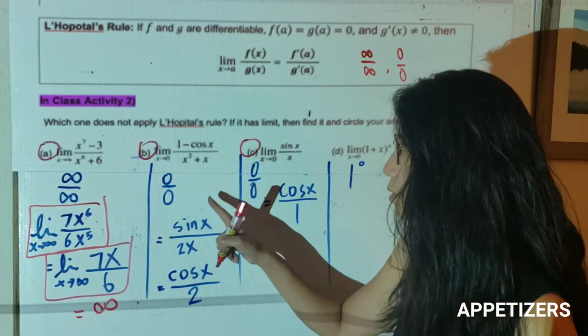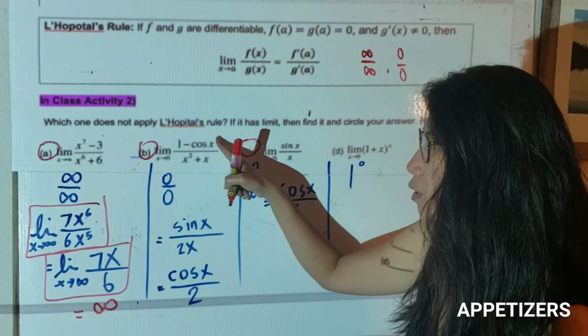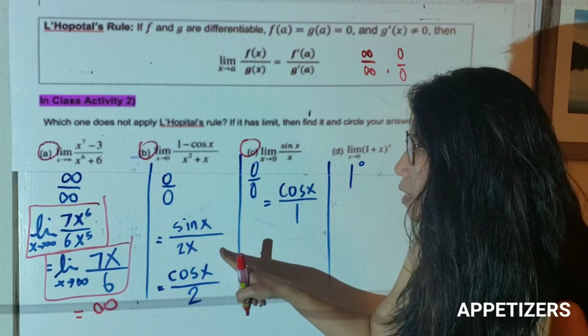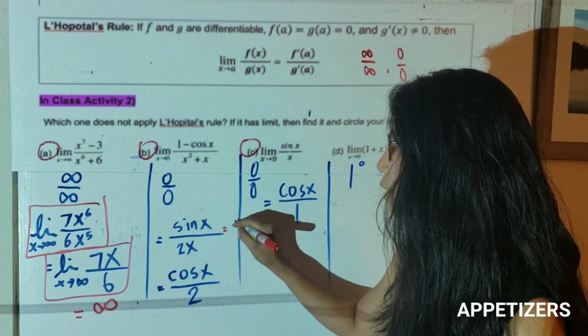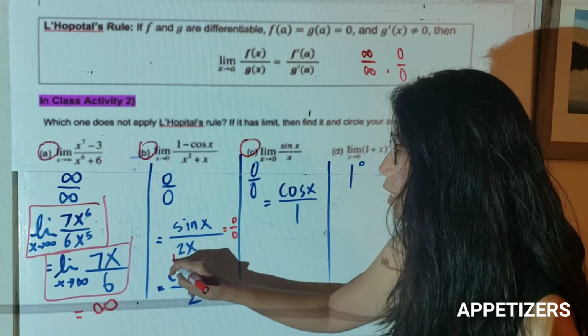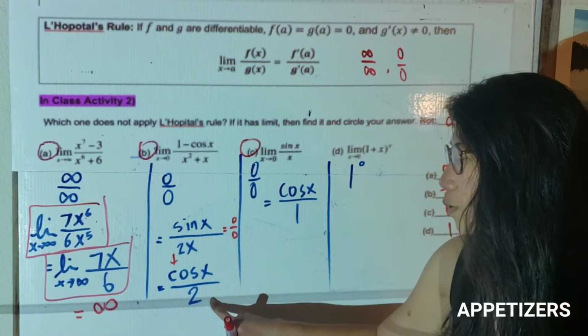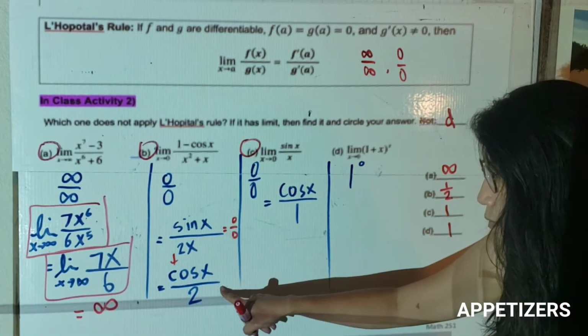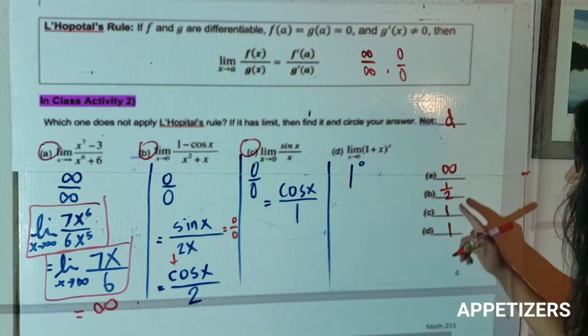Next one is 0 over 0, so I took the derivative, and that becomes sine x over 2x, and that still makes 0 over 0. So I took the derivative one more time and got cosine x over 2, so the limit as x goes to 0 is 1 over 2.